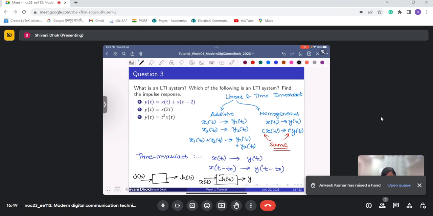Yeah, Ankesh Kumar, you had raised your hand, please go ahead and ask your doubt.